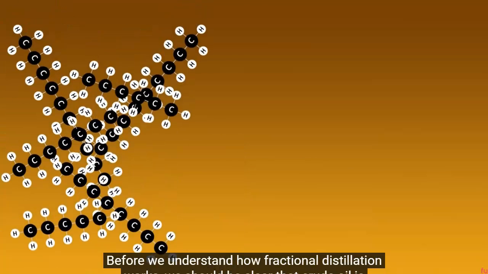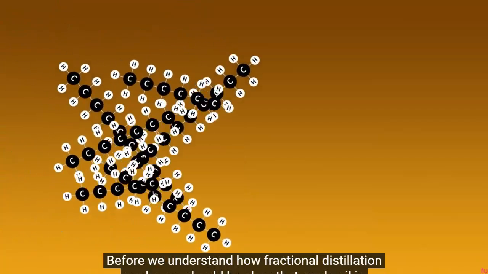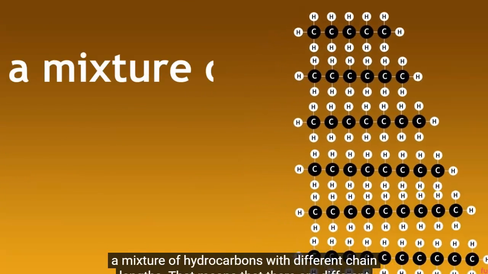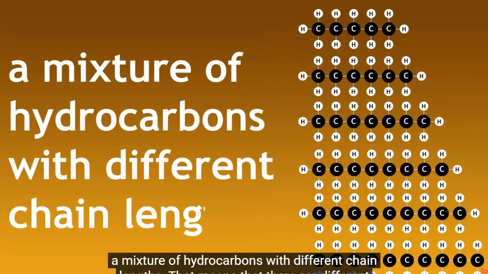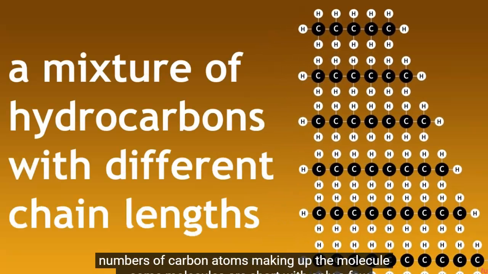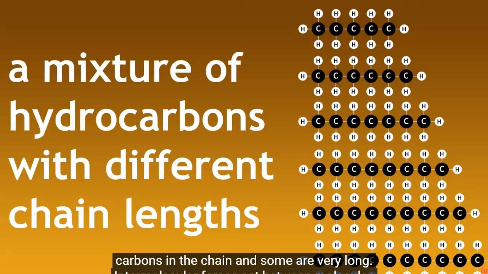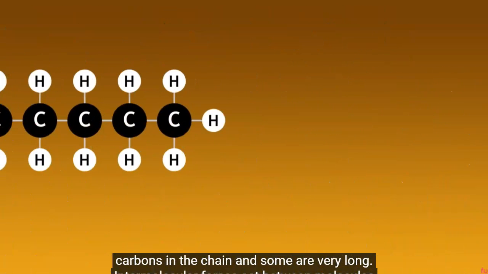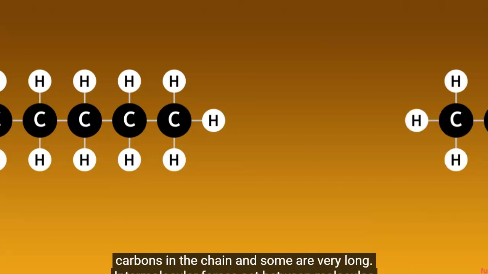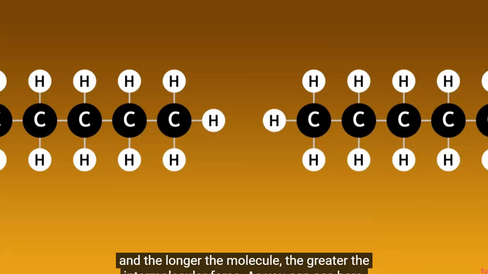Before we understand how fractional distillation works, we should be clear that crude oil is a mixture of hydrocarbons with different chain lengths, some being short molecules and some being very long. Intermolecular forces act between molecules, and the longer the molecule, the greater the intermolecular force.